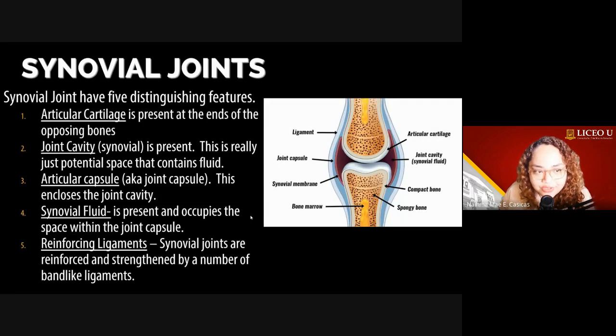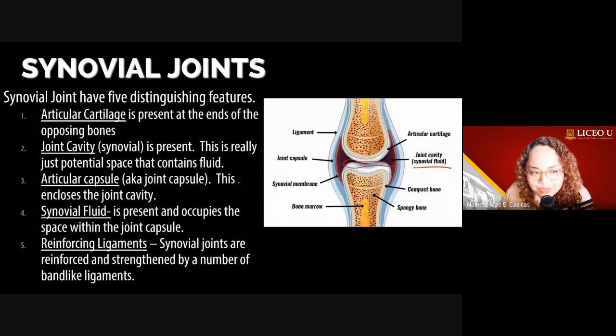And then you have your joint cavity, or your synovial joint cavity, which is like a hollowness, no, found there. And this space contains your fluid, and that fluid is your synovial fluid. And then you have your articular capsule, also known as your joint capsule. This encloses the joint cavity.